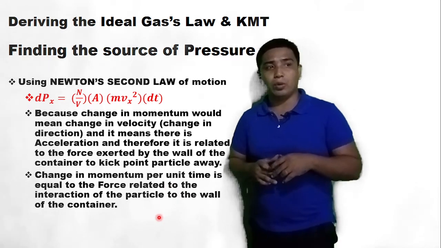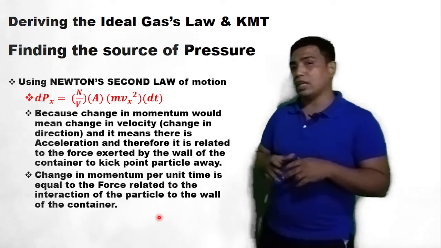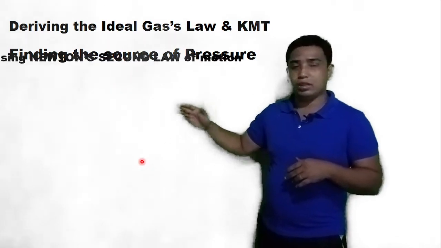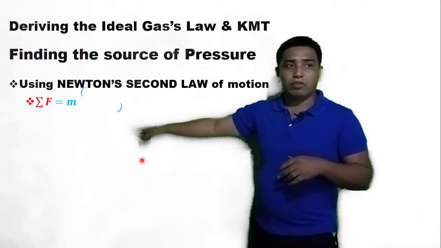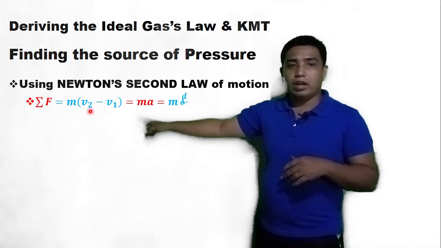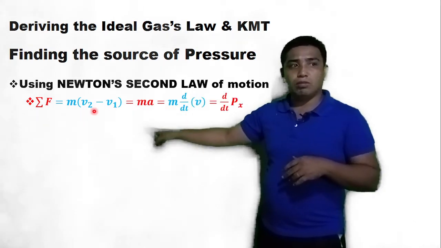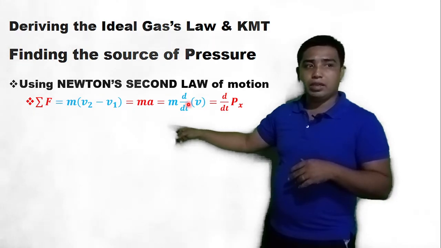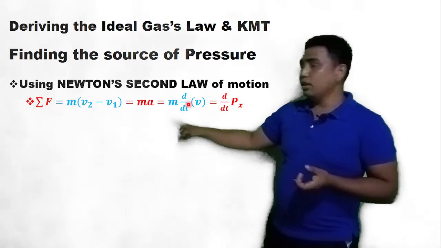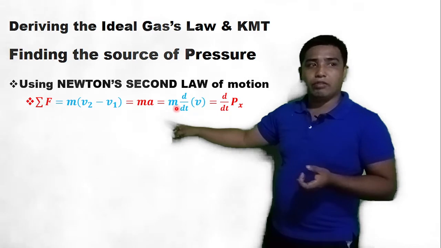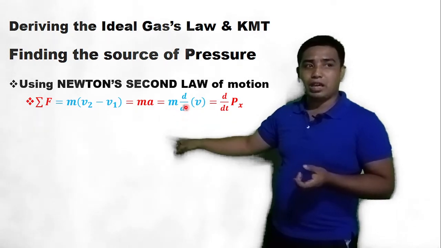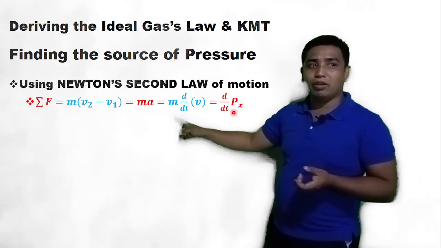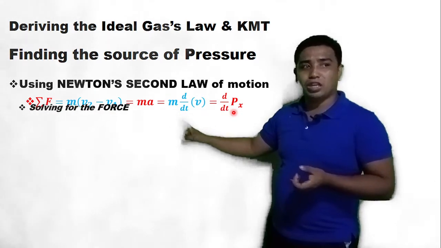Alright, so we can rewrite the second law in terms of momentum, and that's here. The sum of all the forces is equivalent to m times the quantity v2 minus v1, which is equivalent to ma, and in terms of momentum, that's m times the derivative of v with respect to time. So that is equivalent to the derivative of the momentum with respect to time.